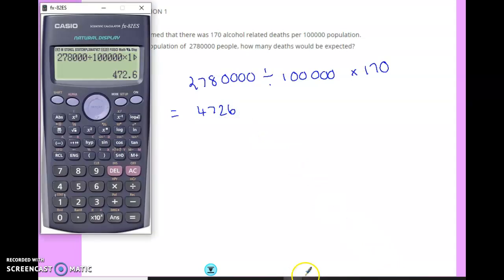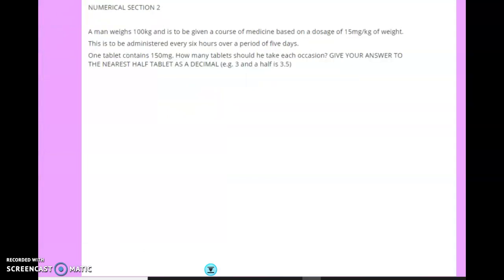I'll type that into the calculator properly so you can see it. Oh, no, that's come back too far. Pressing the wrong button. Right, 278, 1, 2, 3, 4. There we go. Divided by 2, 3, 4, 5. The reason I knew that was wrong so quickly is because I've already been through this and recorded it once, and then for some reason I couldn't get it to upload. So you get your 4726.